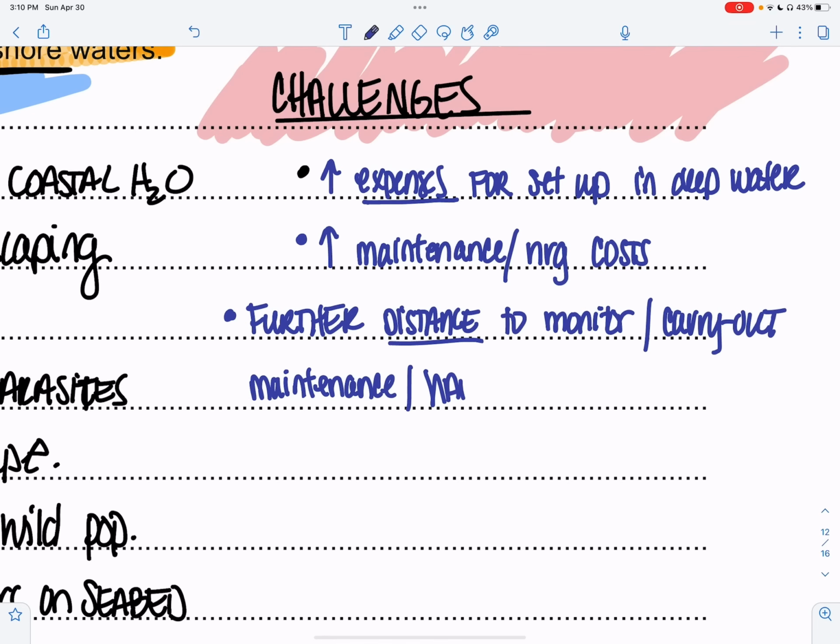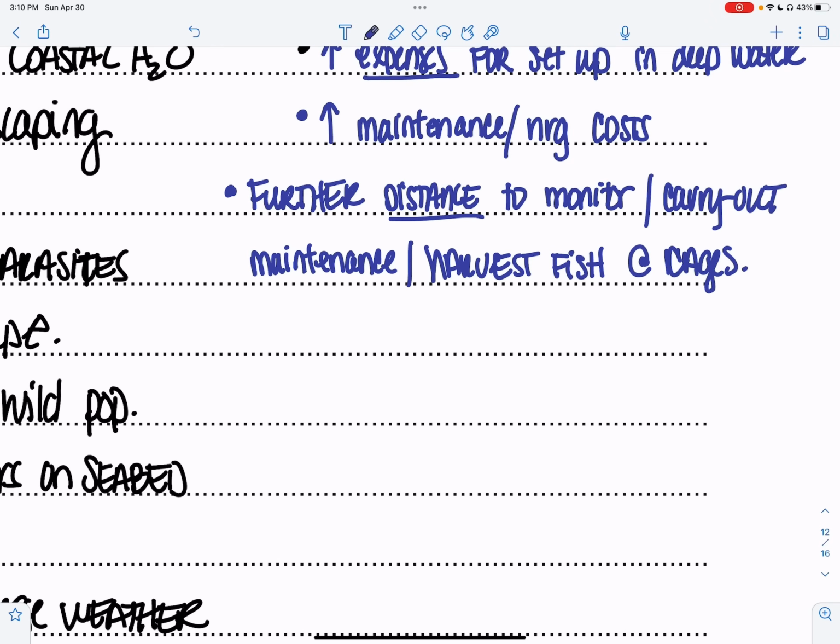Also to harvest fish, because that's the whole point. Cages. They might not always be accessible.